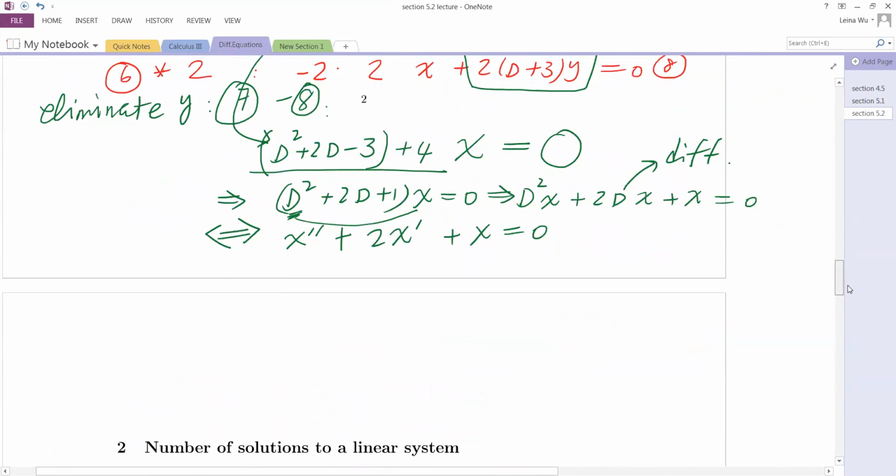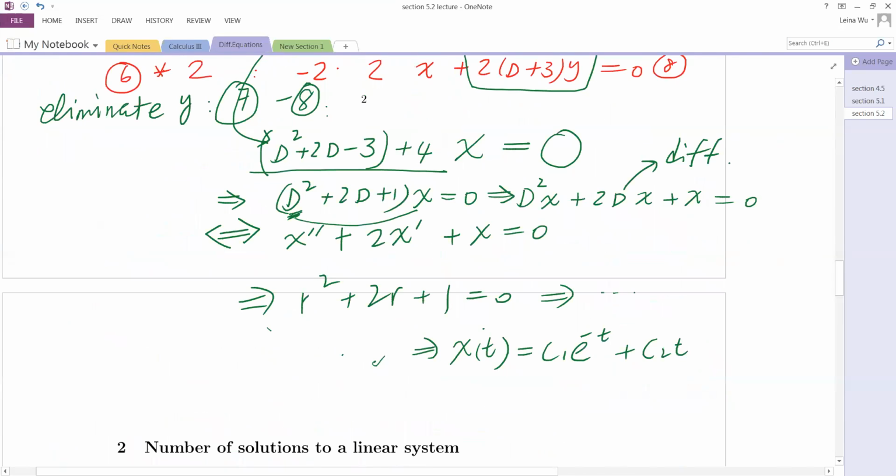So you have r squared plus 2r plus 1 equals 0. Continuing, x of t will be c1 e to the negative t plus c2 t e to the negative t. Continuing, we get y of t equals blah, blah, blah, right?